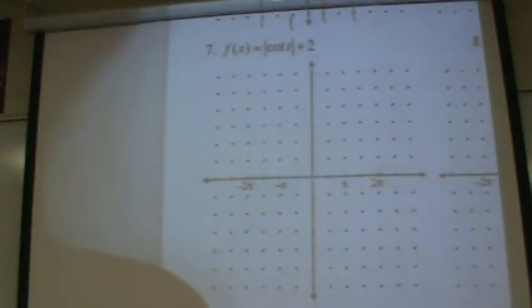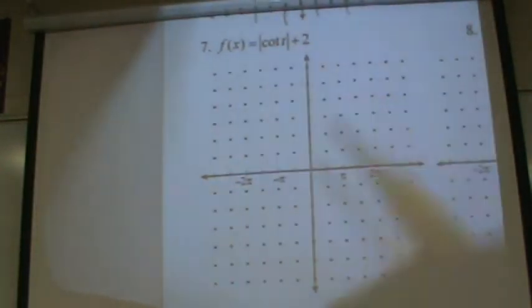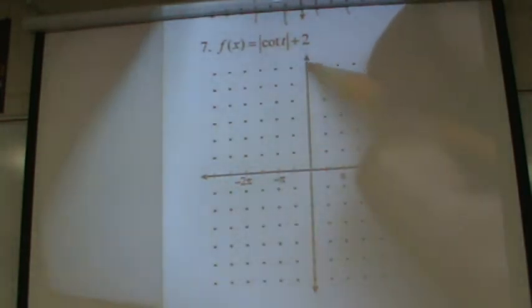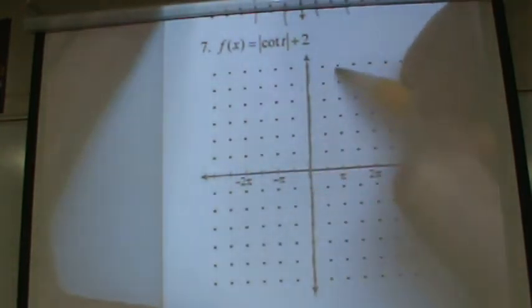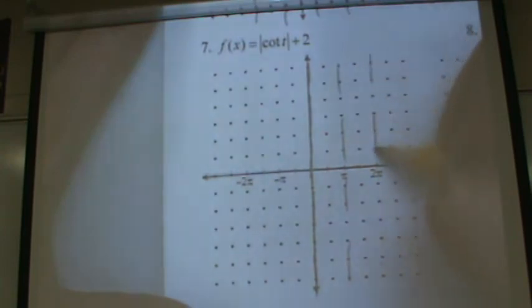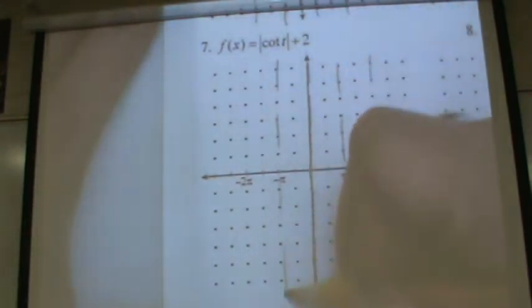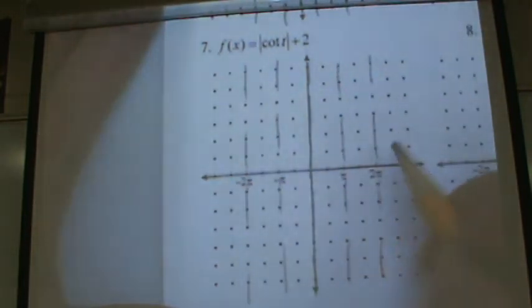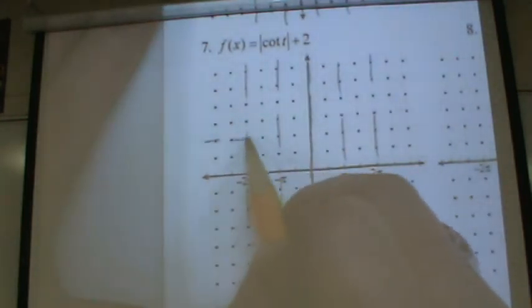Okay, number 7, what do you think you're going to do? Asymptotes where? 0, pi, 2 pi, negative pi, negative 2 pi. Your new x-axis is 2 units up.